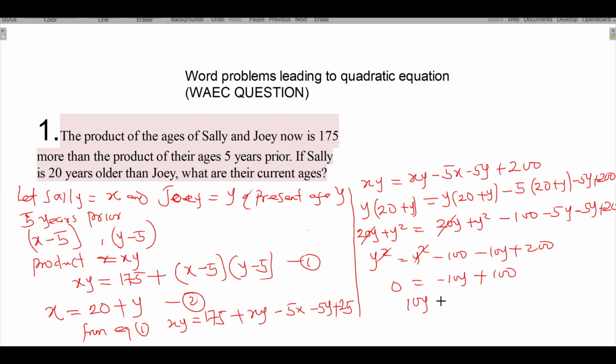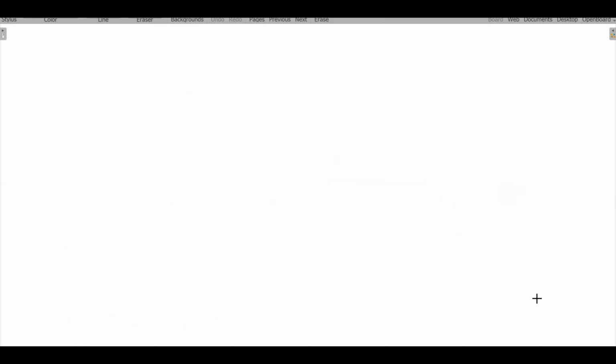That means 10Y equals 100, divide both sides by 10, Y becomes 10. That means Y, which is Joel, is 10 years. Now don't forget that Sally is 20 years older. Since Y equals 10, and X equals 20 plus Y, X will equal 20 plus 10, and X equals 30.